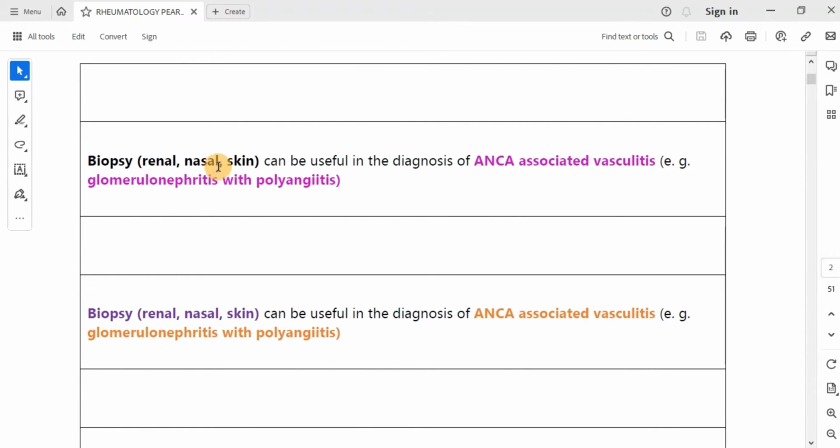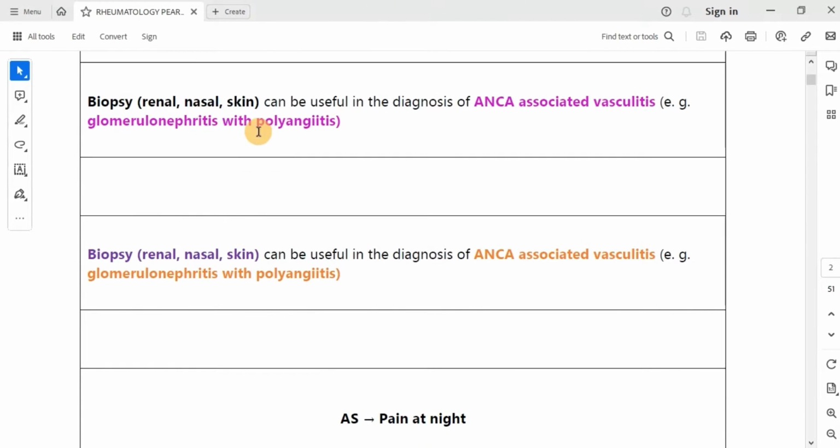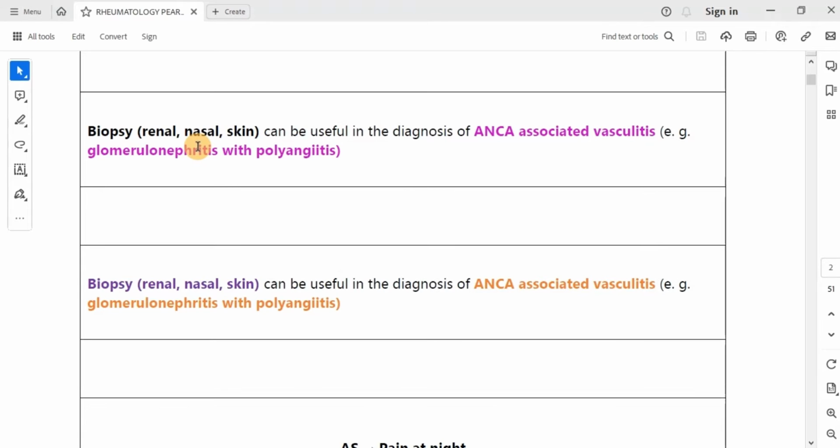Biopsy, renal, nasal, and skin, can be useful in the diagnosis of ANCA-associated vasculitis, that is in case of granulomatosis with polyangiitis, also known as Wegener's granulomatosis. Especially in all three conditions causing RPGN, that is GPA, MPA, and anti-GBM, we should go for biopsy, and the typical biopsy finding is crescentic GN. But how can we differentiate between the three conditions based on biopsy findings?